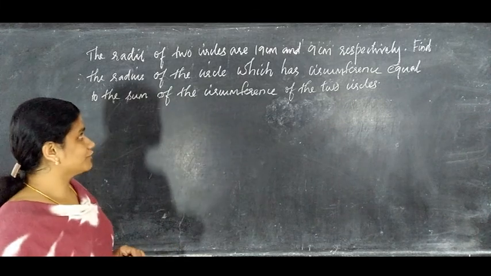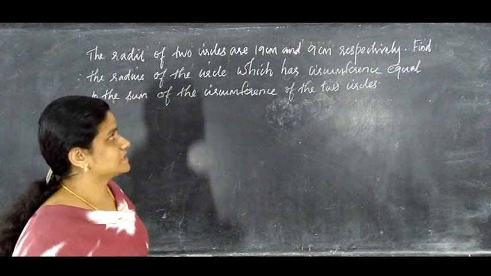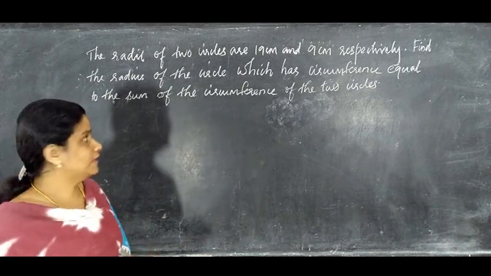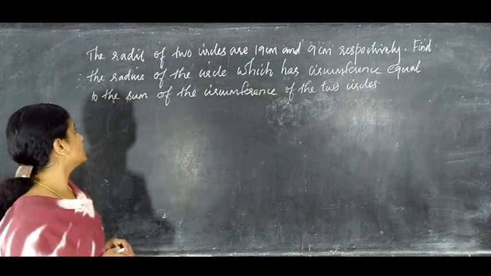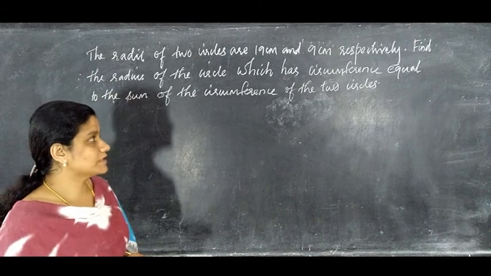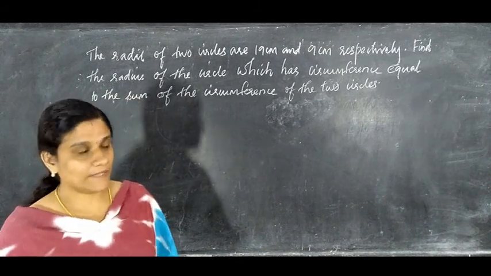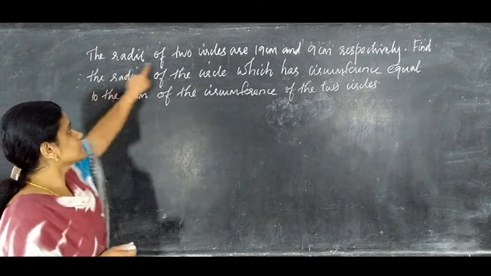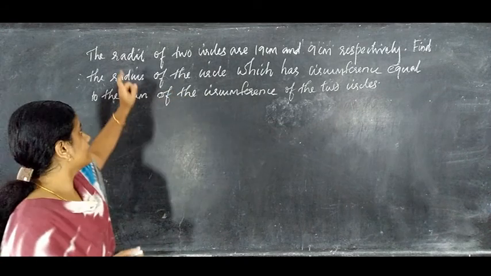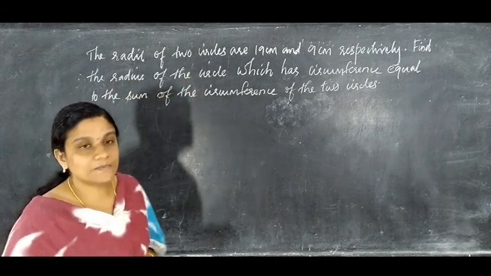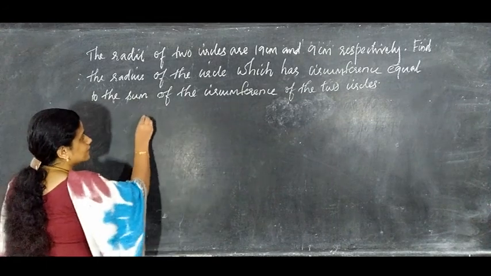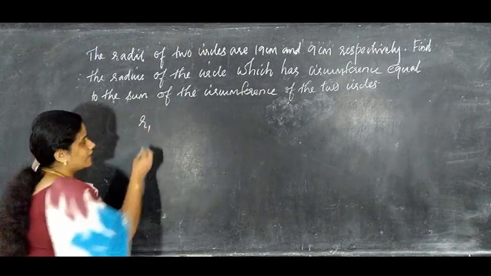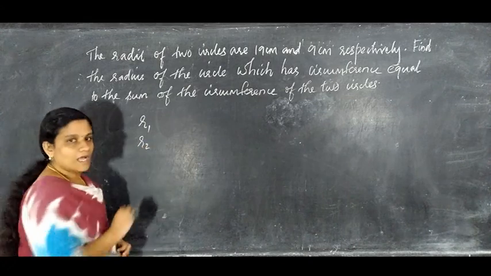Now the next question. The radii of two circles are 19 cm and 9 cm respectively. Find the radius of the circle which has circumference equal to the sum of the circumference of the two circles. So you just see here two circles are given to us and their radii are 19 cm and 9 cm. So let the radius of first circle be R1 and radius of second circle be R2.